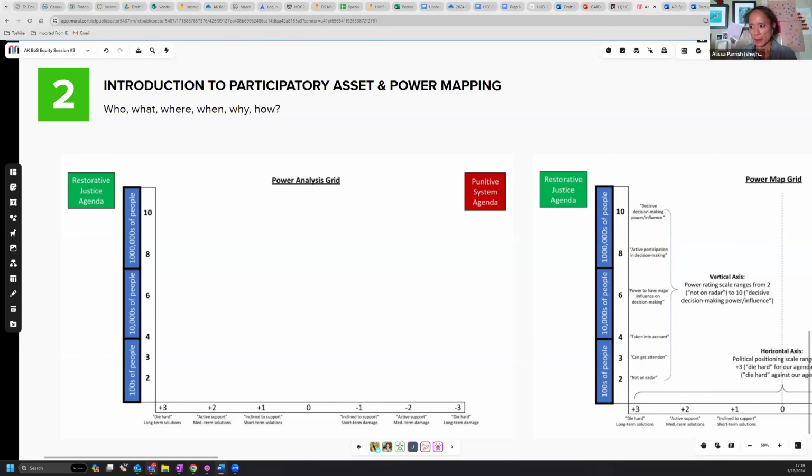Power mapping came from a restorative justice background framework. So we've got this analysis grid where on our vertical axis, we're looking at the amount of people that this impacts. And on our horizontal axis, we have positive all the way to negative, so those who really support our agenda to those who really don't.